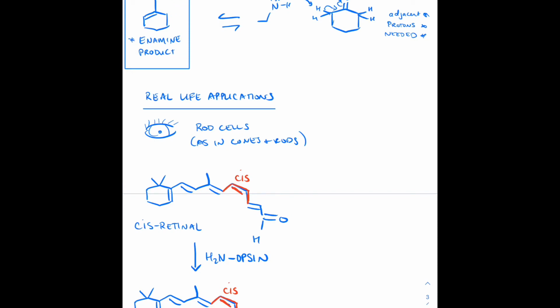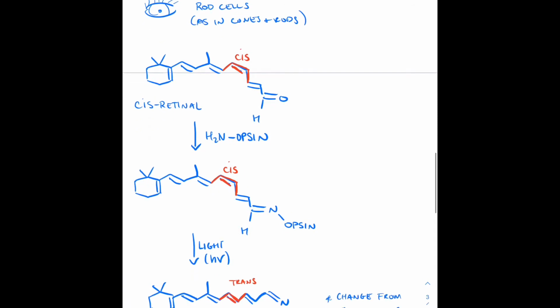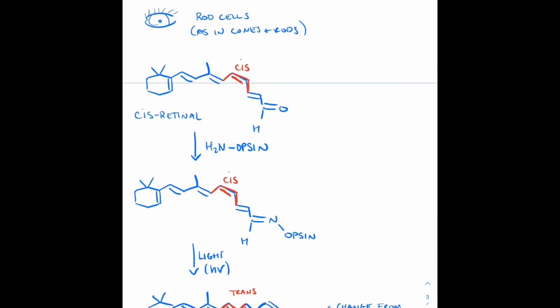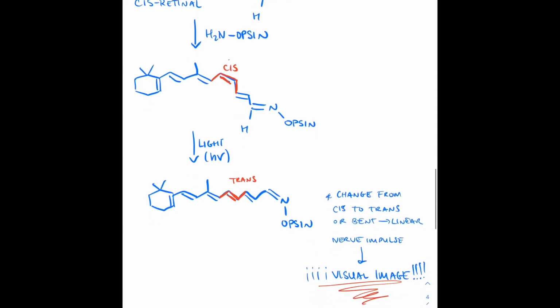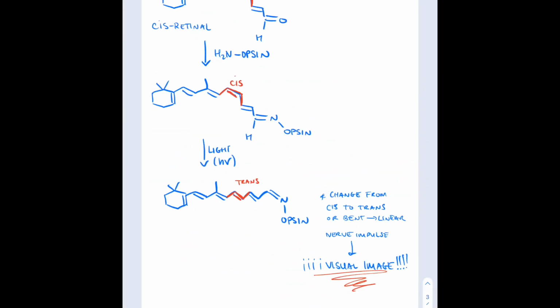And in our eye, we have an amine source from an enzyme, an opsin, and when we form this imine product in the presence of light, we can actually isomerize this highlighted red cis bond to a trans bond. And so what happens is that we change from a cis to trans, or bent to linear, and we have an electrical impulse in our brain that results in a visual image.